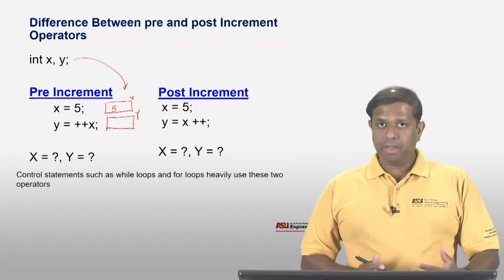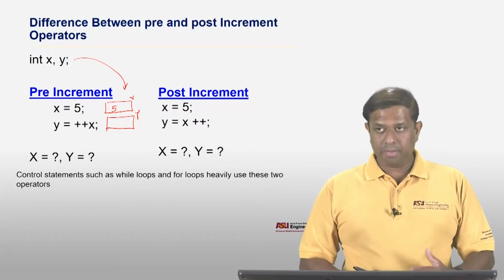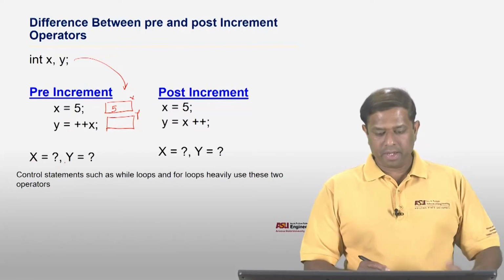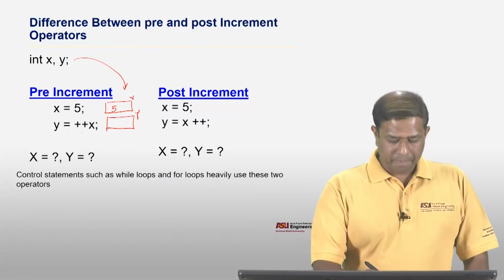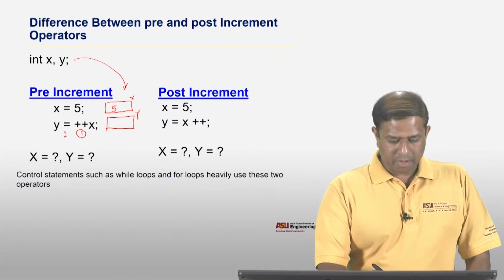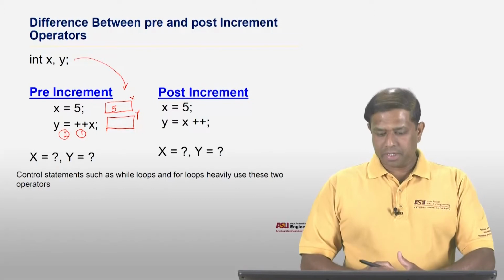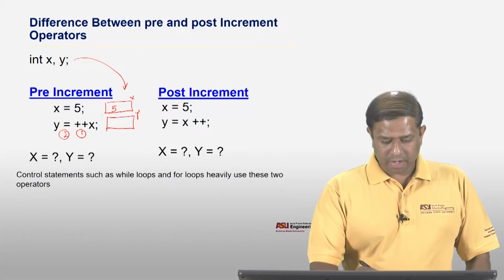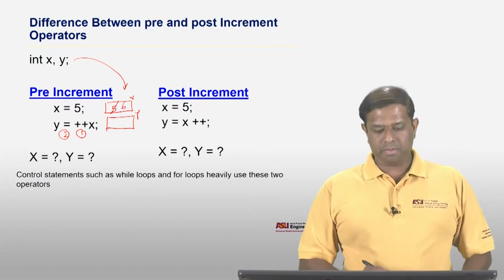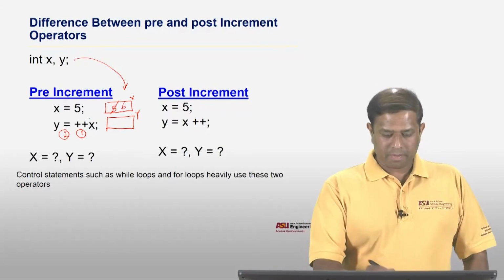Now when we have plus plus x, we know that it is pre-increment. What does pre-increment mean in this kind of scenario? Pre-increment means that before we do the assignment, we will be incrementing x by 1. So this will happen first and then the assignment will happen second. If the increment happens first, then with this particular statement, 5 will become 6 and the resulting value will be assigned to y.